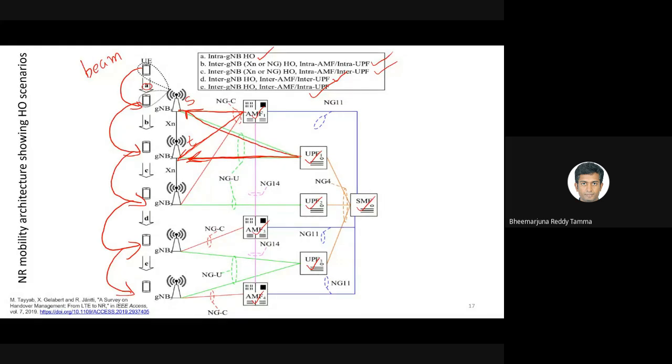In other words, the topology of the operator dictates which handover will happen. This picture gives all the options, and it is up to the operator to figure out which base station should be connected with which core network elements. Depending on that, different kinds of handovers will happen.